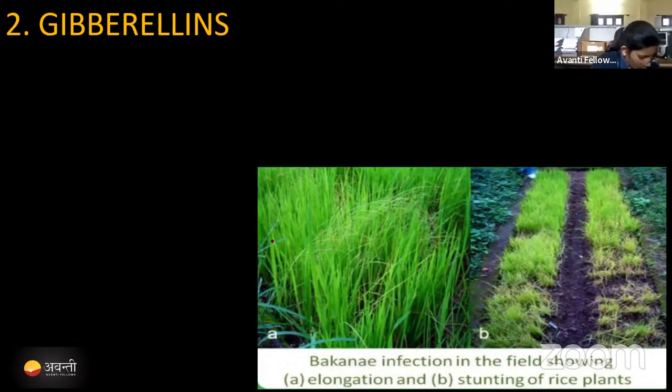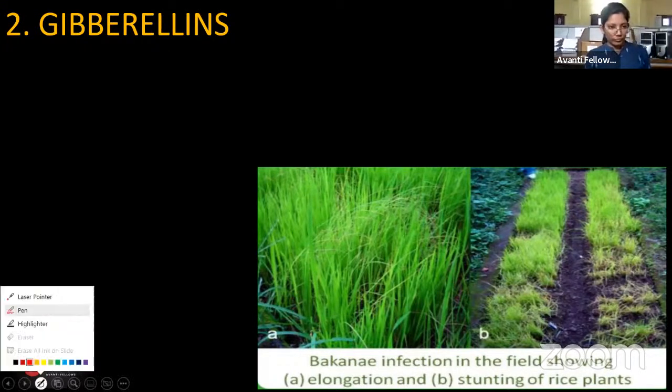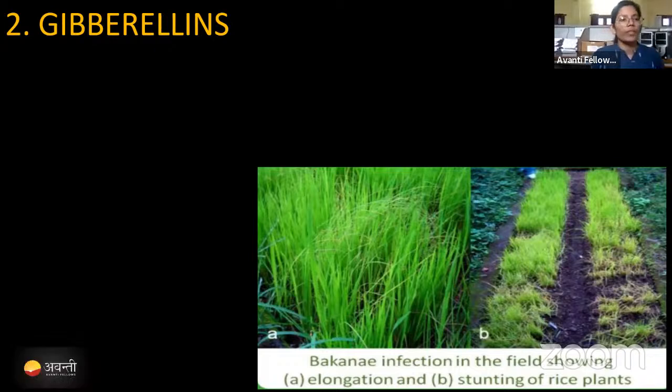Yes. So these gibberellins are acidic plant growth regulators.